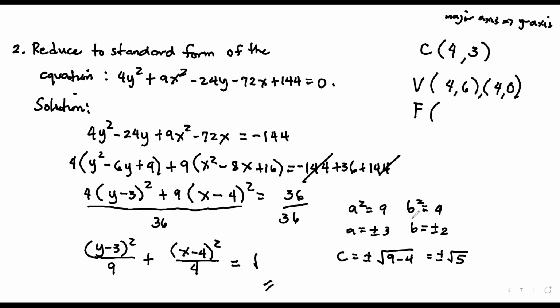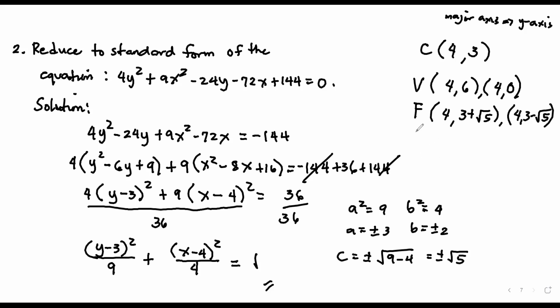So, kay k tayo mag-a-add at mag-a-minus ng c. Copy h. 4, 3 plus square root of 5, and 4, 3 minus square root of 5. That's the coordinates for foci.